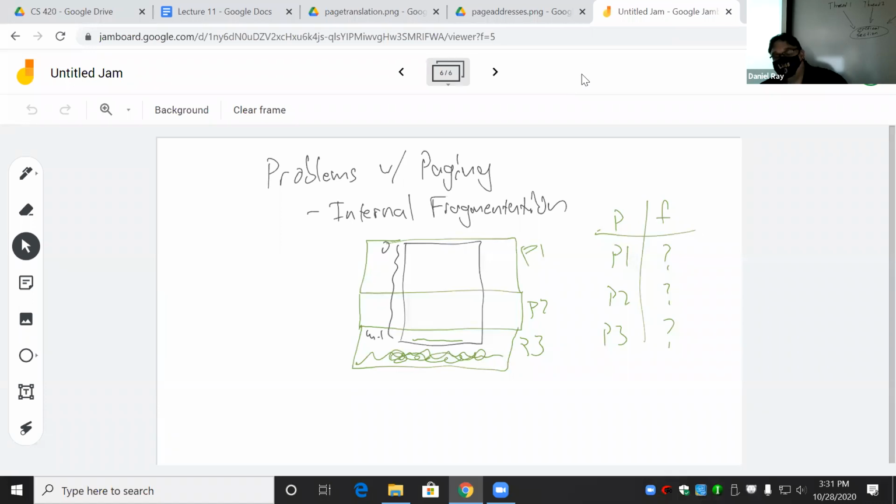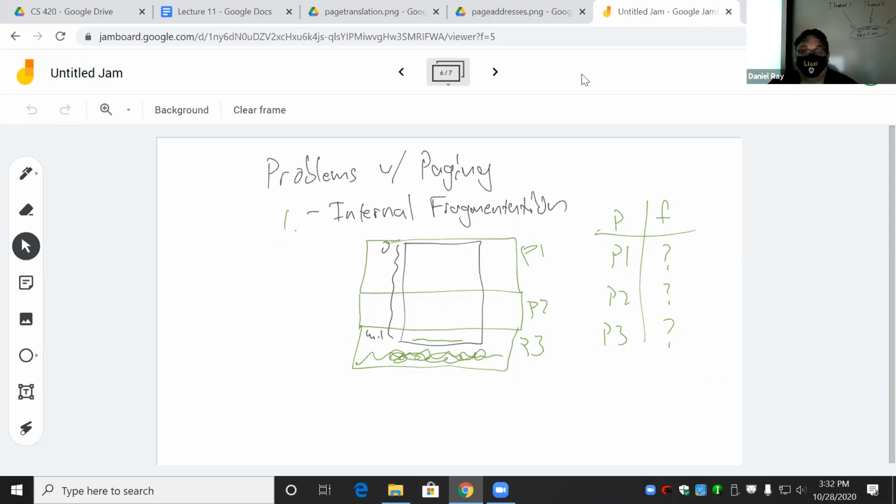Maybe we're okay with that though, because the overhead for cleaning that stuff up is just maybe not worth it. It's easier this way. Okay, so that's problem number one with paging.